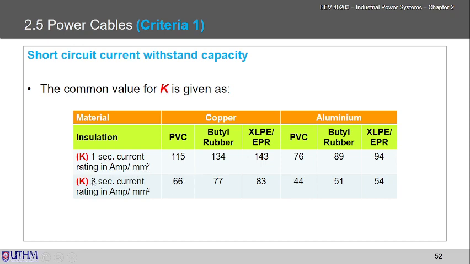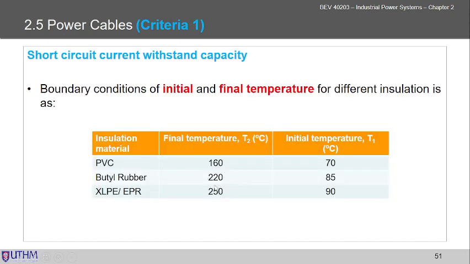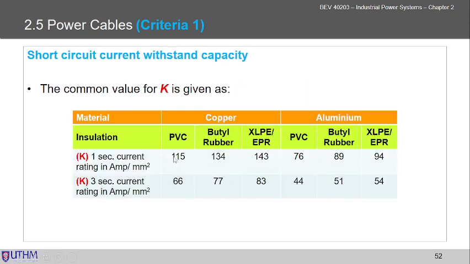So this is for the 1 second value, and this is for the 3 second value. How to obtain this 3 second value is very easy. You just take this value 115 and divide by square root of 3. Because it's 3 seconds, it is square root of 3, because here we have the square root of T. So now you change the T to 3. It is not about the square root of 3 of the power from single phase to 3 phase.